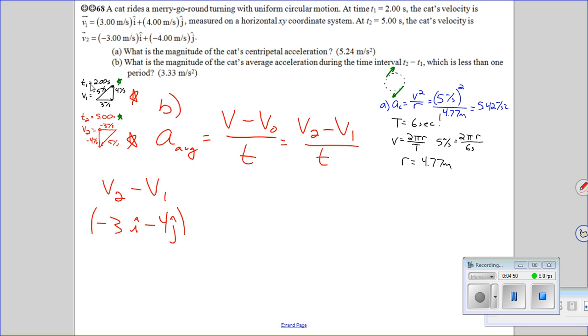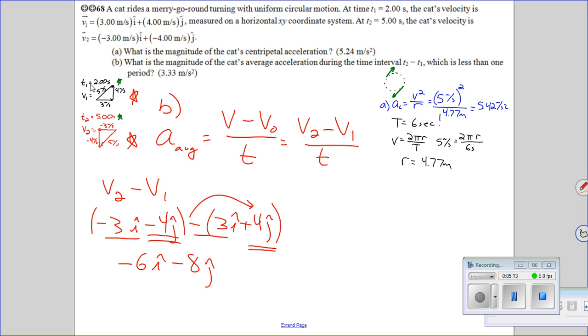That's my v2, minus 3i plus 4j, and subtract it. And what are we going to get? Negative 3i minus 3i is going to give us negative 6i. And then negative 4j minus 4j is going to give us negative 8j. So there's my v2 minus v1.